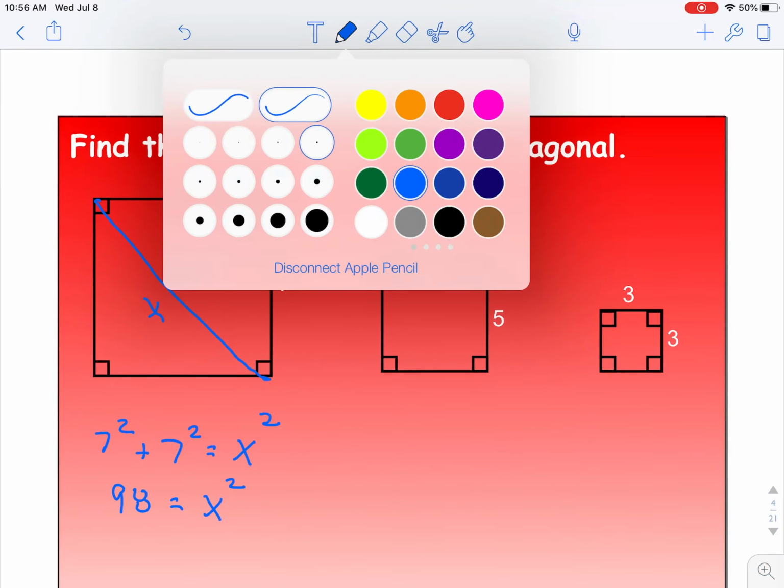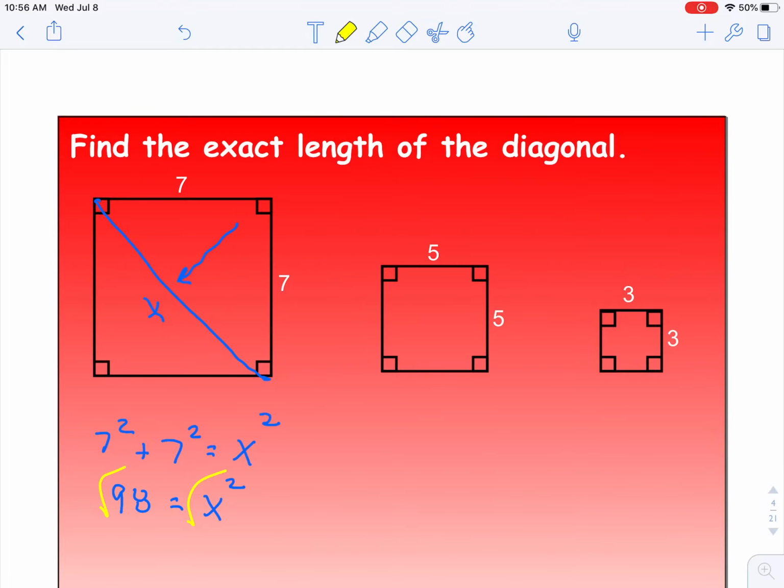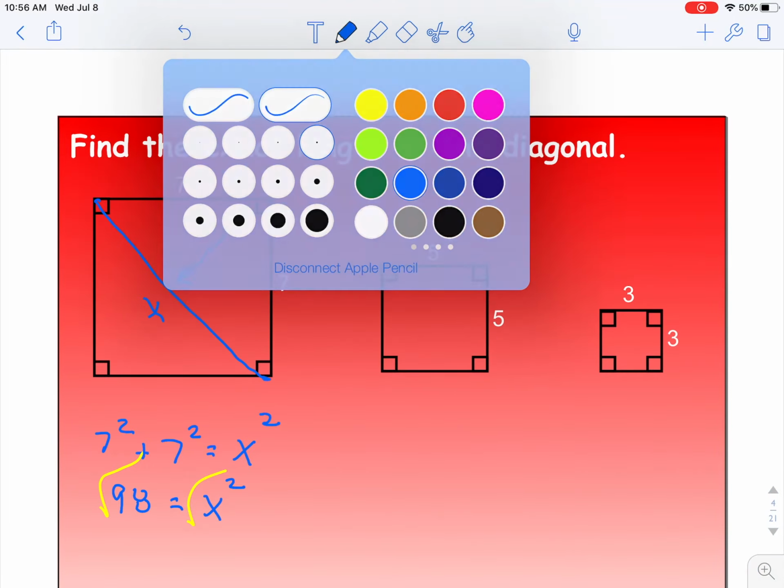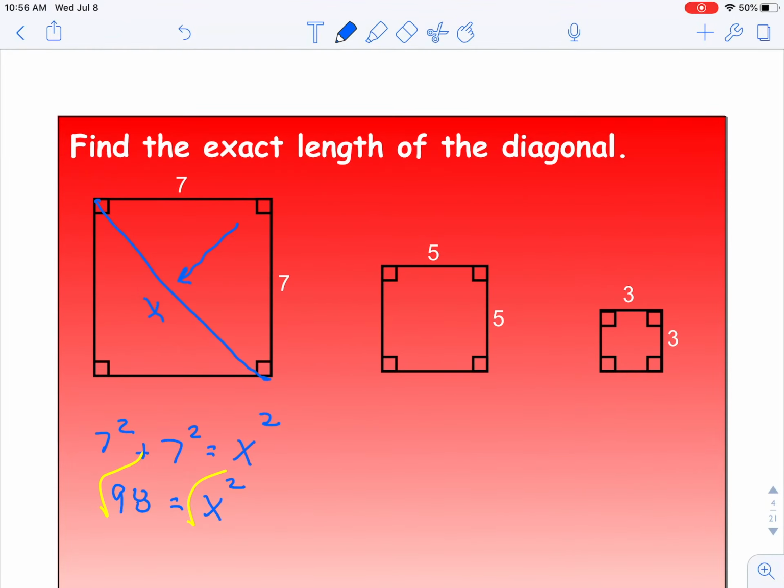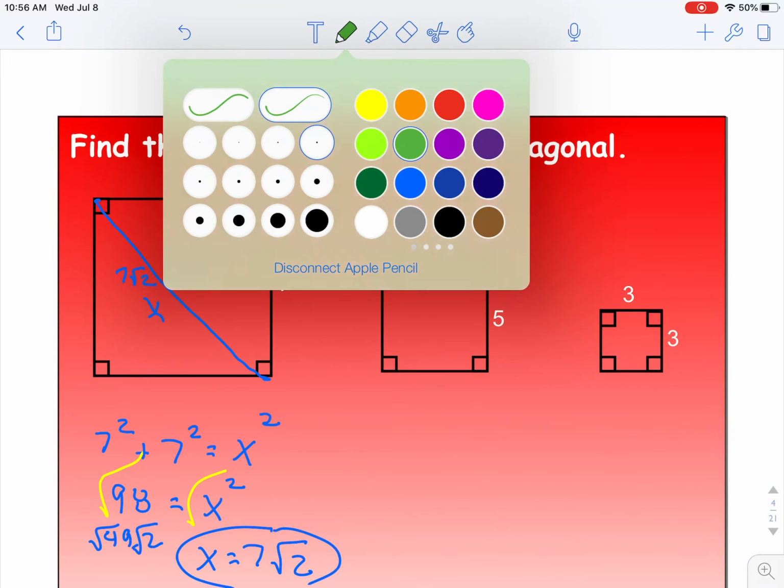Now when we take the square root of each side, we have to do simplest radical form for the square root of 98. Well, 98 is 49 times 2. So when we give them each their own square root, we get x is equal to 7 square root of 2.